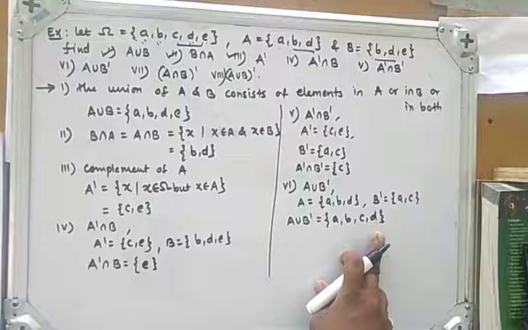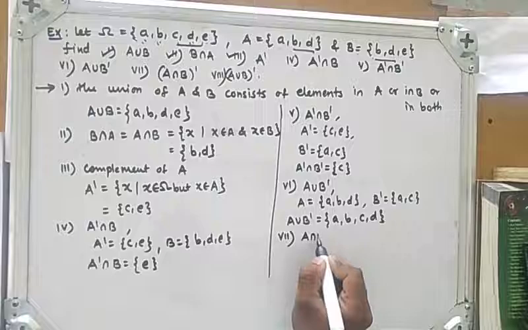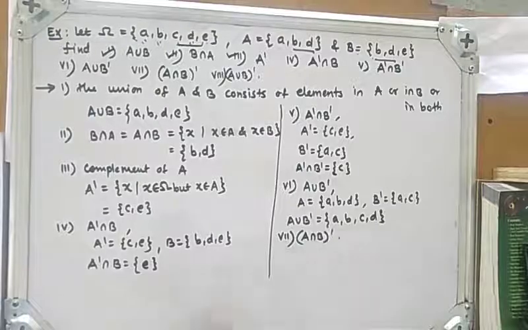Now next one, seventh, which is A intersection B, bracket, complement.